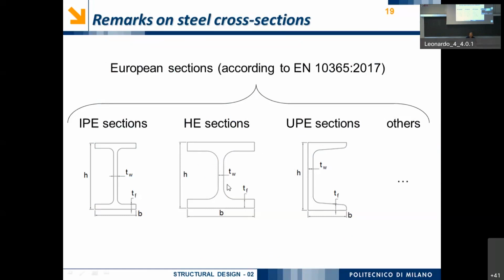Basically, for steel cross-section, we have IPE, HE, UPE section, and others cross-section. On the next lecture, I will show you basically some details about the industrial production in steel structures.